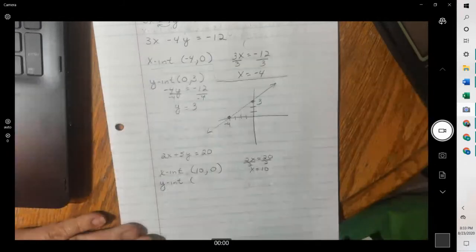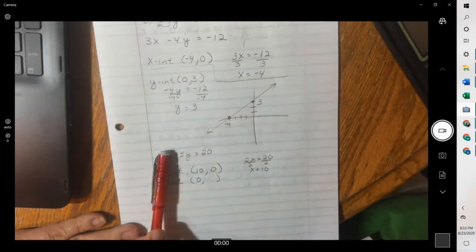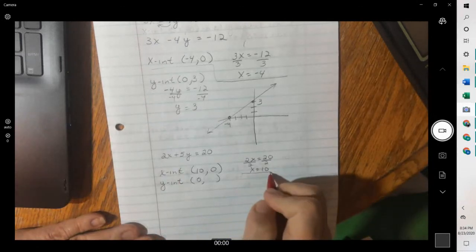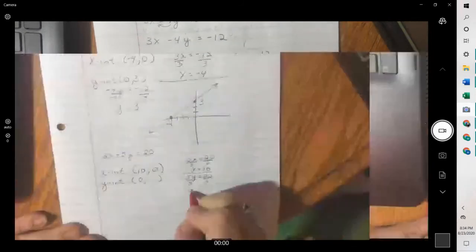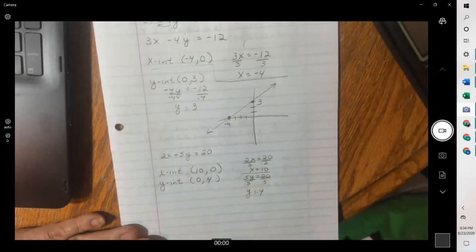For the y-intercept, you let x be 0. That would drop out, because x is going to be 0. Divide both sides by 5. 20 divided by 5 is 4. So y is 4.